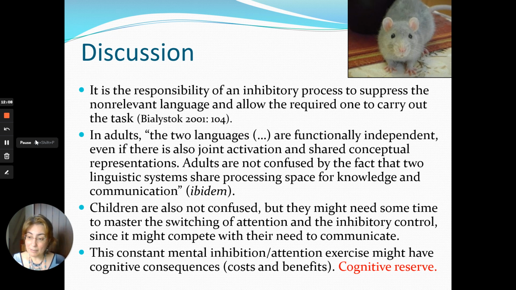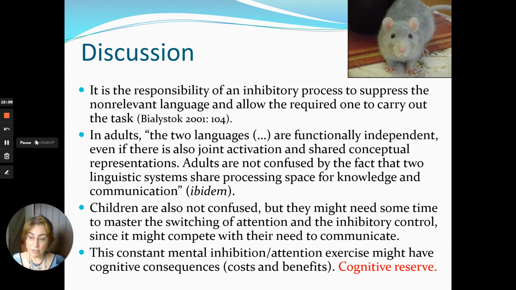So in mental terms, that is what we understand by cognitive reserve. So it might be that the more you exercise your brain, like any muscle, the more prepared you are in case of brain injury or just aging of that organ, right?